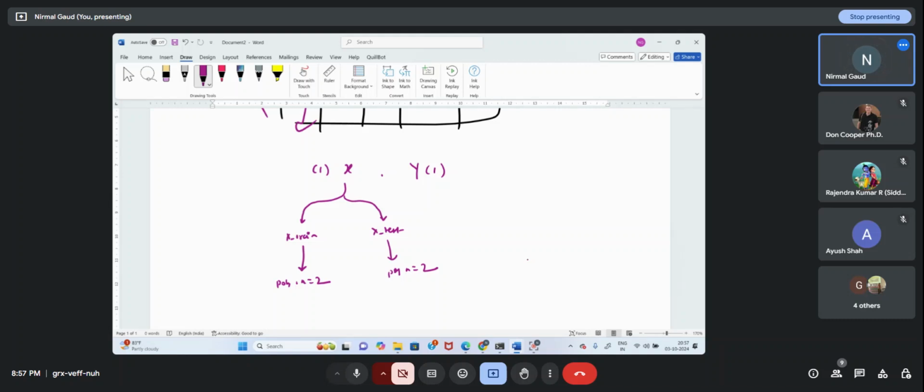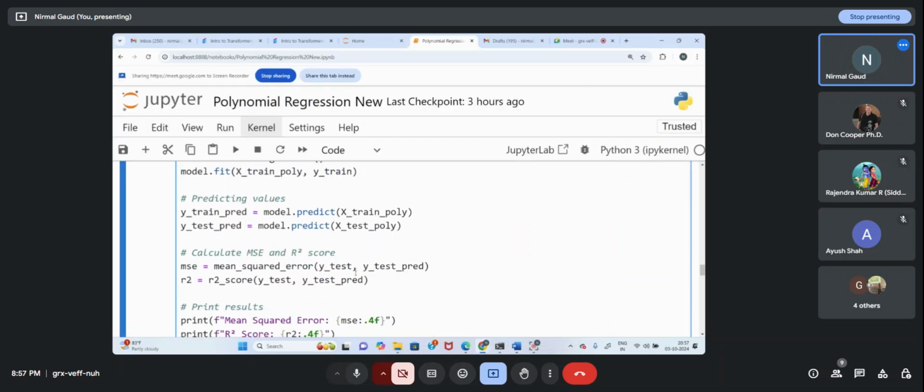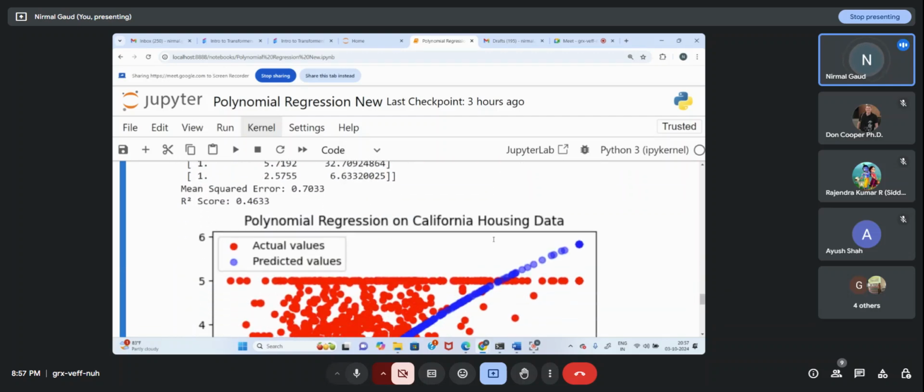Then you have used this data in linear regression for training. Your model got trained, then you performed the prediction from your model, and then you plotted the prediction. Here you have plotted x test, y test, and x test and y test prediction. The plotting has been done.